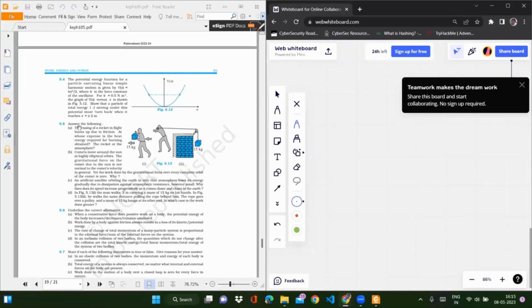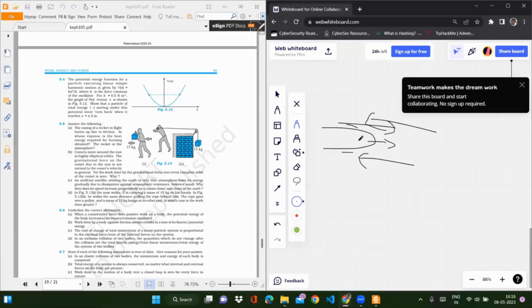In this case, we should know who is doing the positive work. If we consider the rocket, which is moving, it has some resistance due to air drag with the atmosphere, and it is burning due to the friction occurring on its surface.